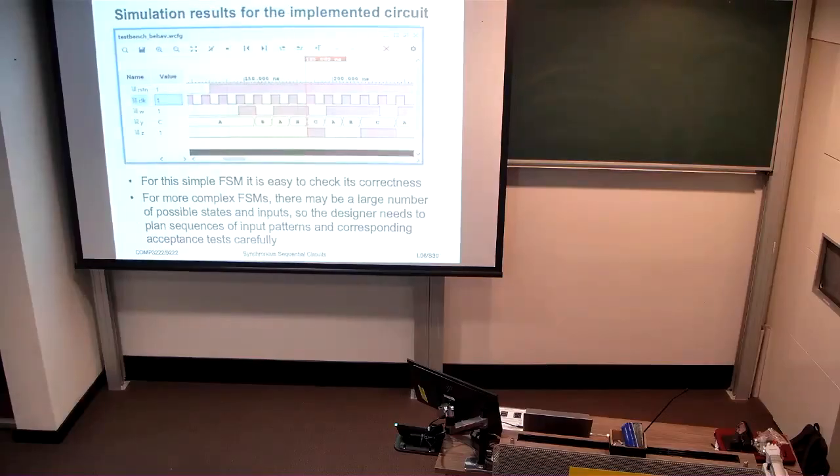So here's a simulation that was done on that logic. This signal Y is actually the current state, so you can see it changing from A to B to A to B to C to A, B, C, A, right?